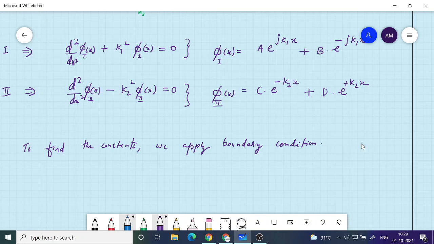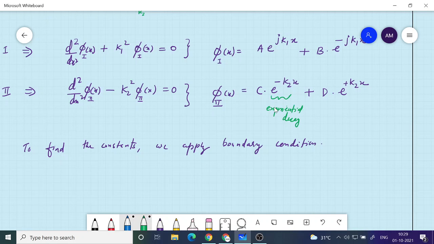Now what about C and D? C is basically the wave that is exponentially decaying to the right side. This is an exponentially decaying function. As x increases, it is decaying; with increasing x, the amplitude is coming down.